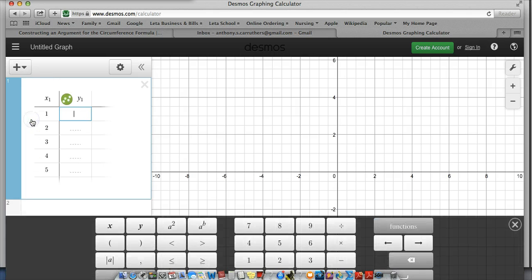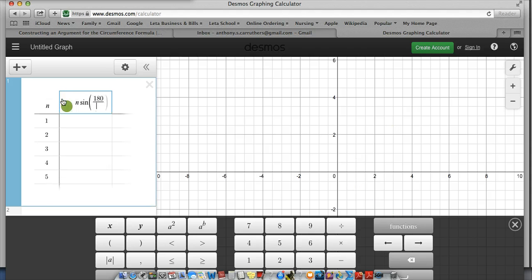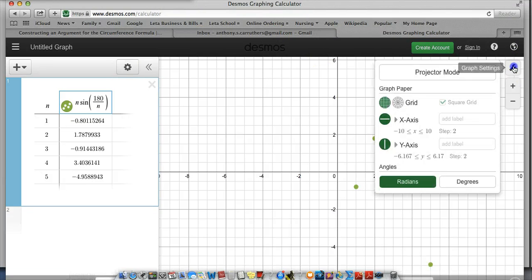So in this table, I'm going to graph the variables n versus n sine 180 degrees over n. Okay, so notice I said 180 degrees, and notice I'm getting some really funky numbers here. So within Desmos, we need to go to our settings and change radians to degrees.